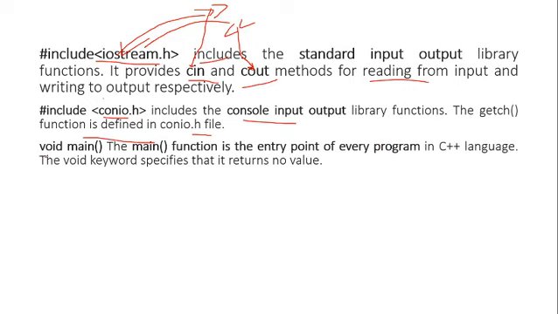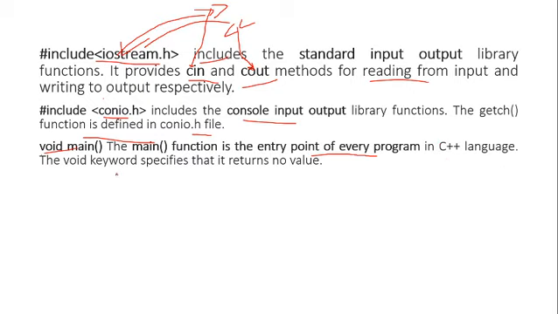Void main is a very important function. Without this method we cannot write a C++ program, because the main method is the entry point of the program. It means the execution of the code will start from the main method in C++.